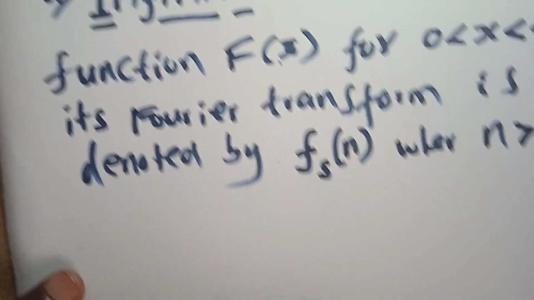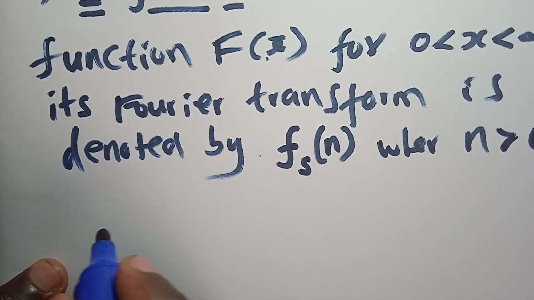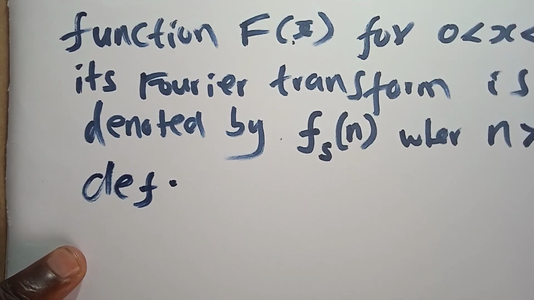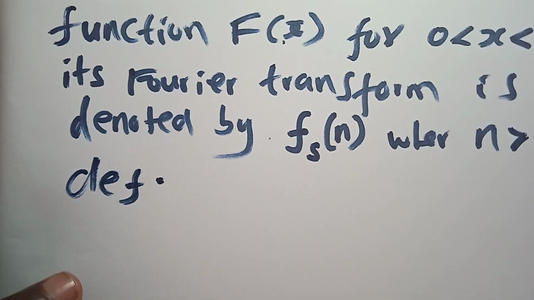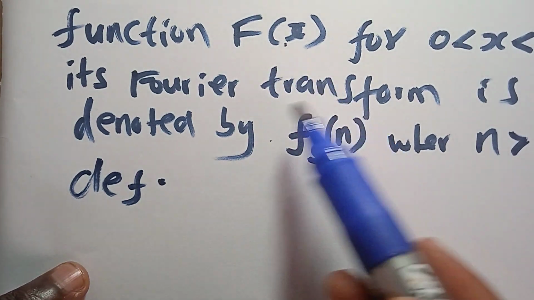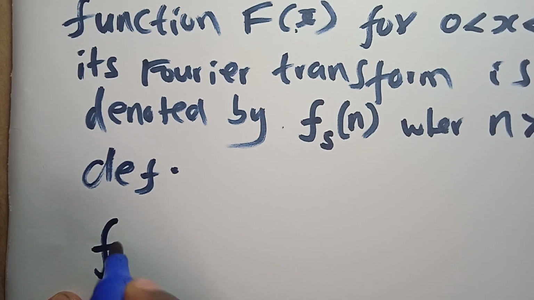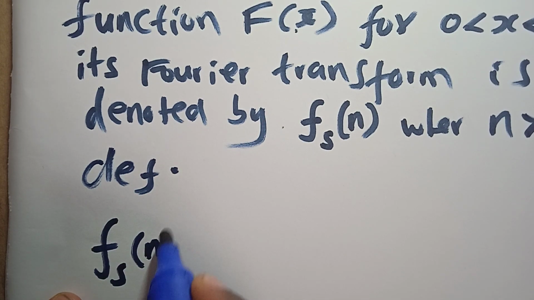So this is the formal definition. If you want to get the Fourier transform of a given function f of x, it is defined by f s of n.